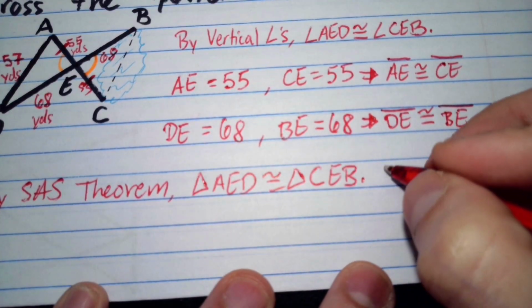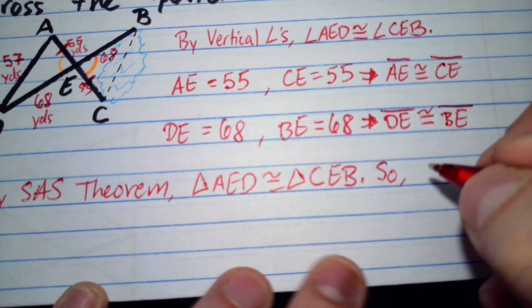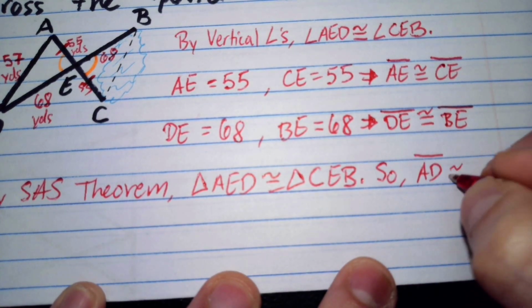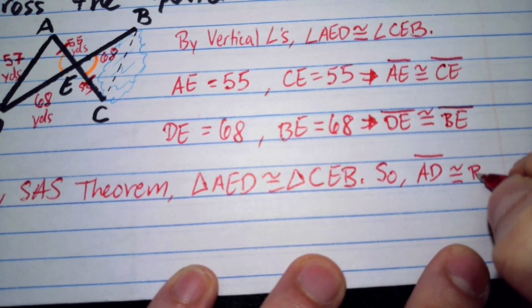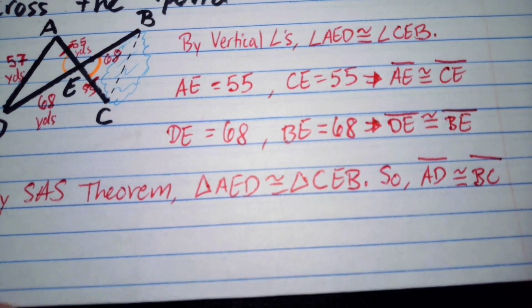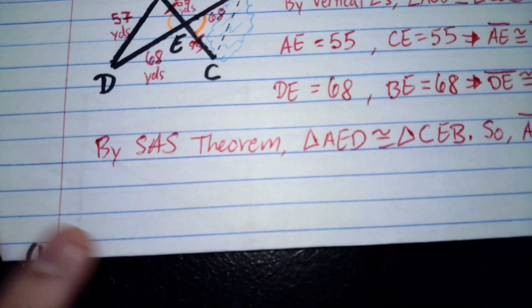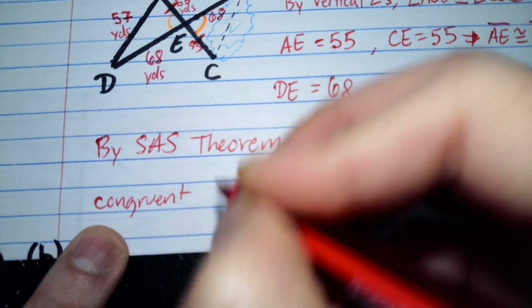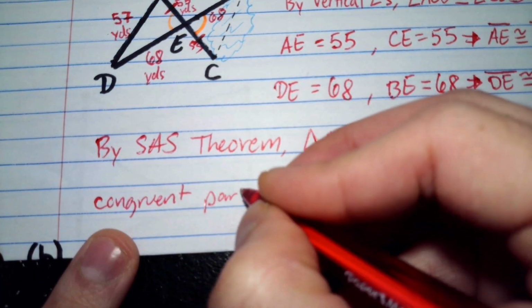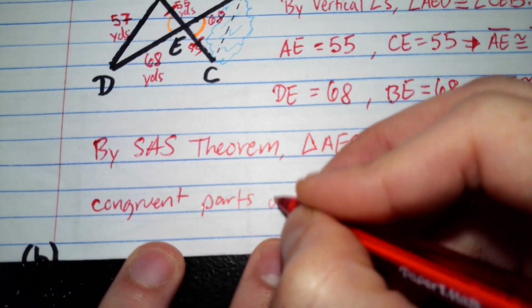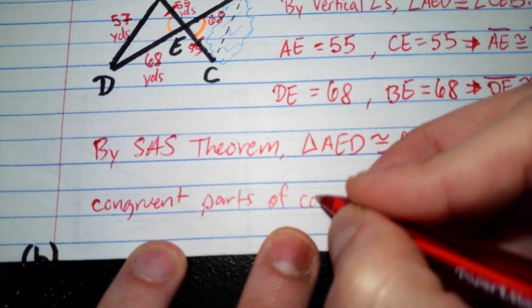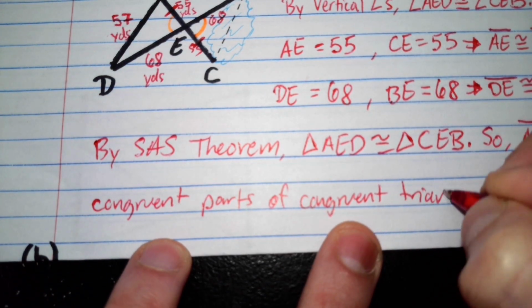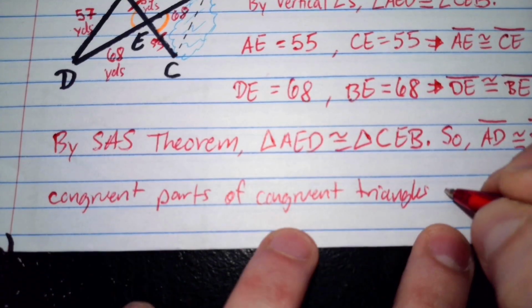So segment AD has to be congruent to segment BC because congruent parts of congruent triangles are congruent.